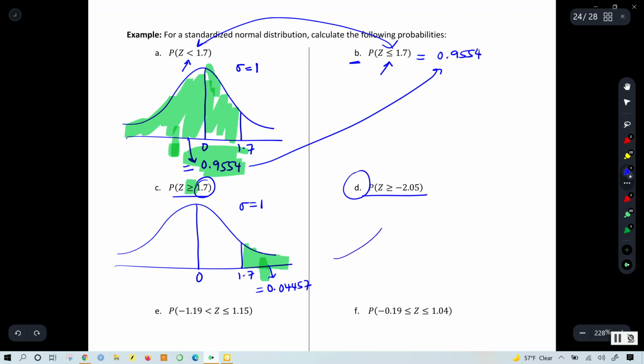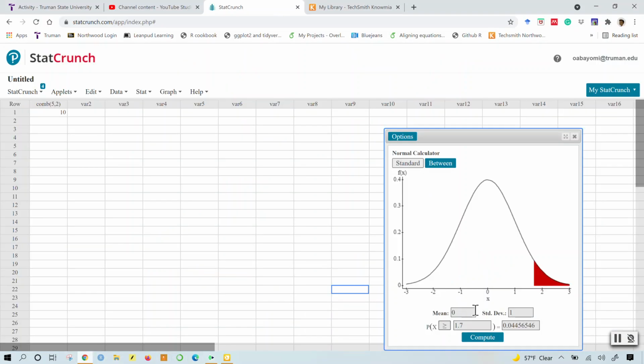Then for question D, the probability that z is greater than negative 2.05, I will locate 0, I'll locate my negative number, and the region is to the right. Going back to StatCrunch, I do not need to change the mean and standard deviation since I'm still dealing with a standardized normal random variable.